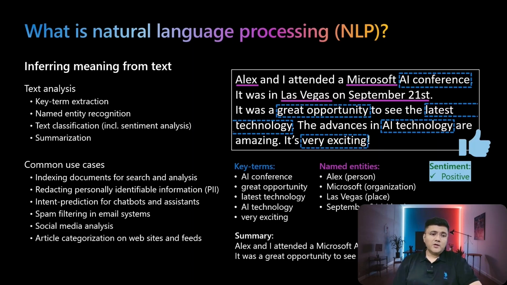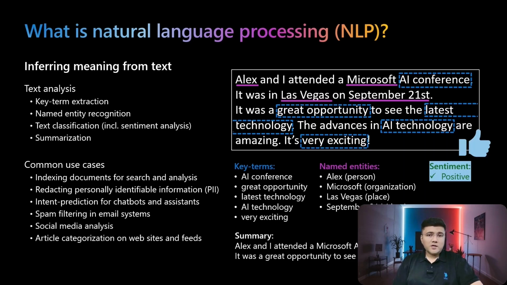Now, in order to do this, we use some simple techniques, which we call text analysis. In text analysis, we try to extract key terms from the text which you have provided. We try to do named entity recognition, so we find the named entities, which can be the name of a person, place, or brand.